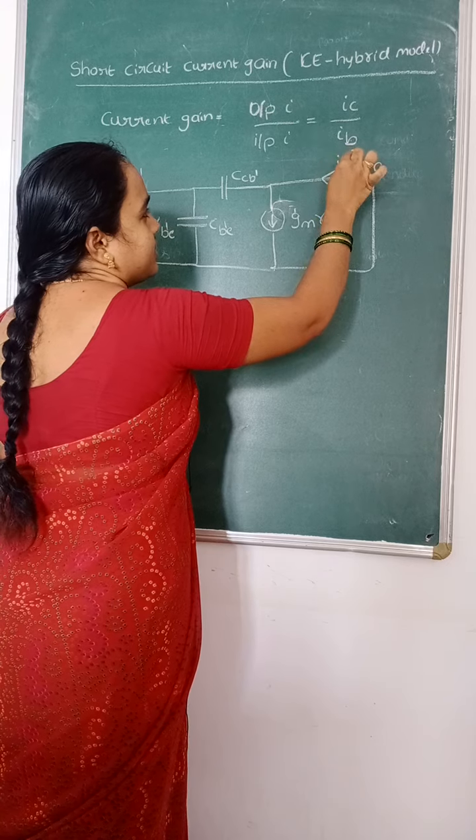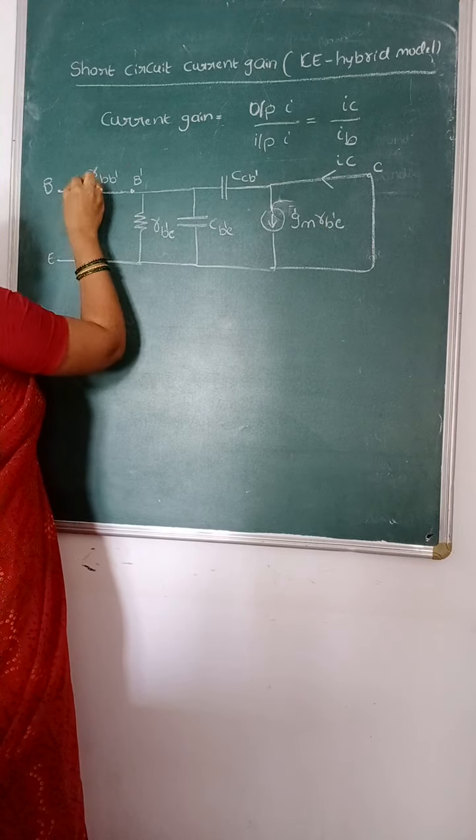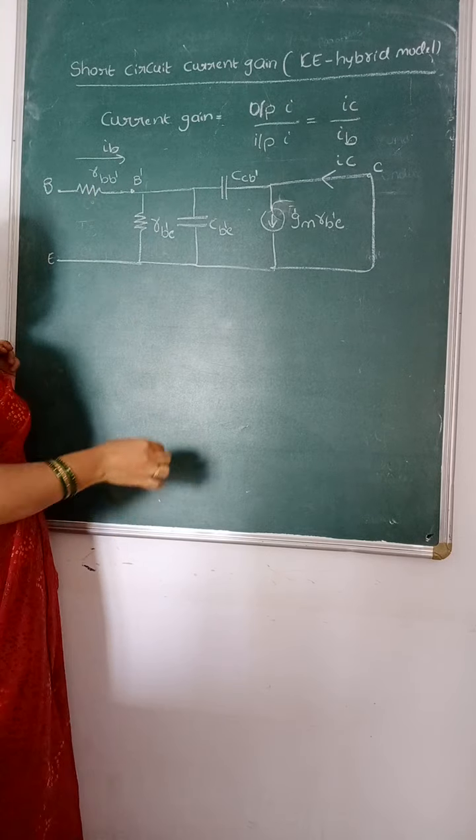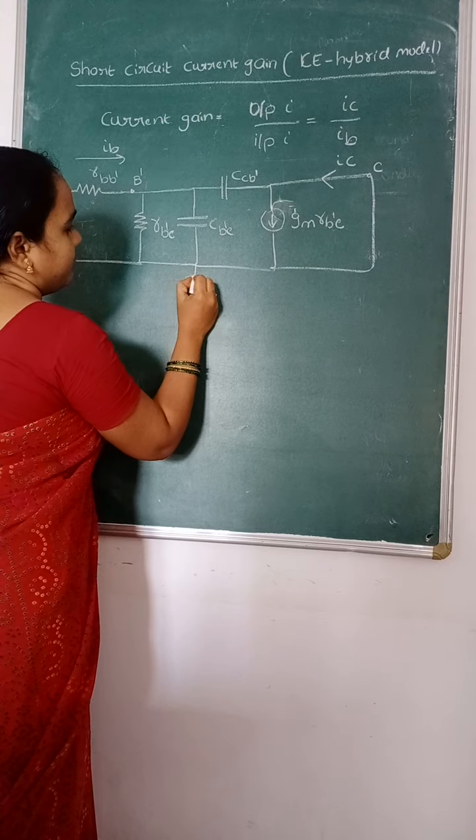This is the direction of collector current and this is the direction of base current. The emitter should be ground.